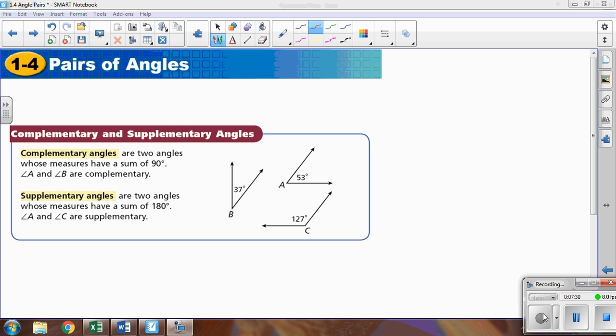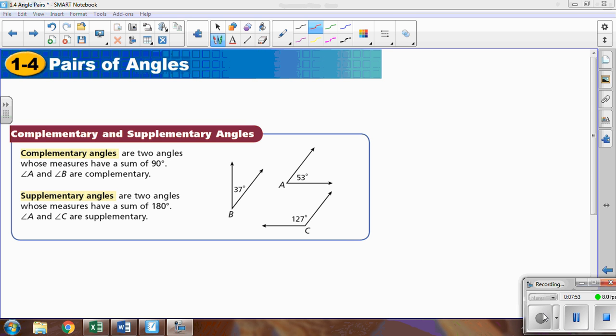Please notice, they do not have to be adjacent. We can have a 60-degree angle in the room and a 30-degree angle in Taiwan. Those are still complementary angles because 60 plus 30 equals 90.